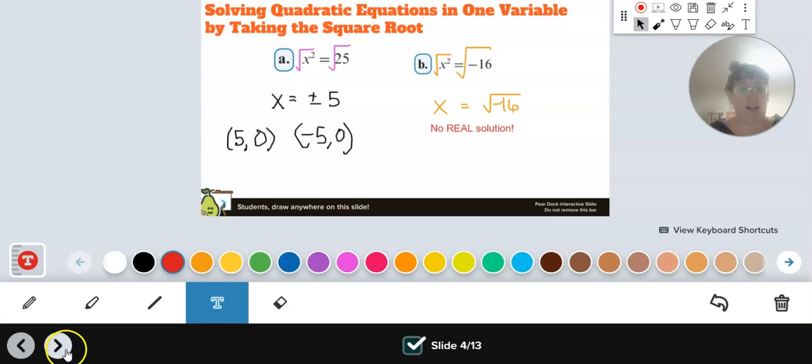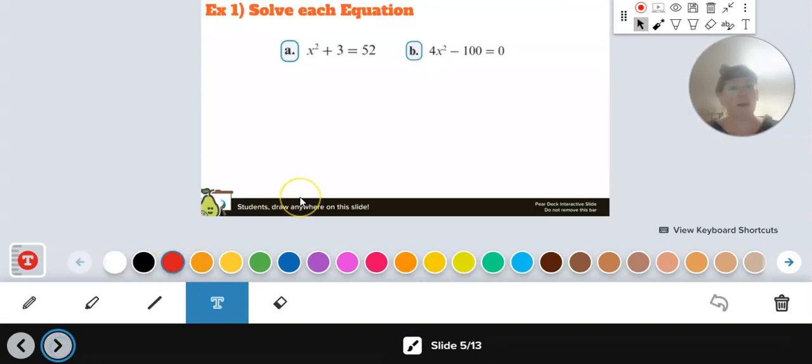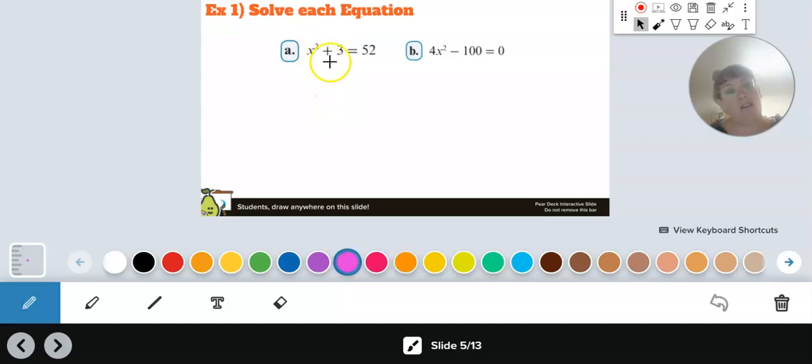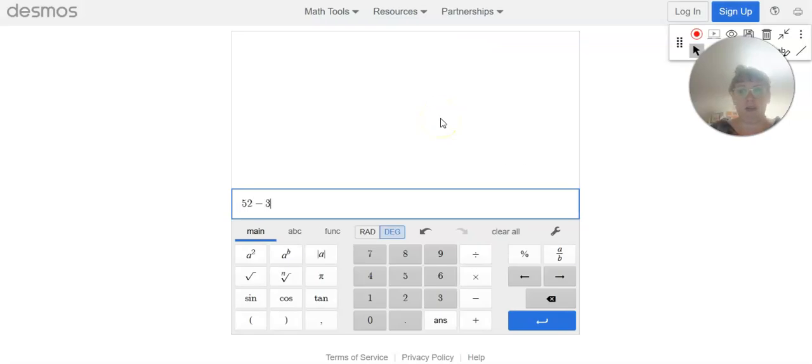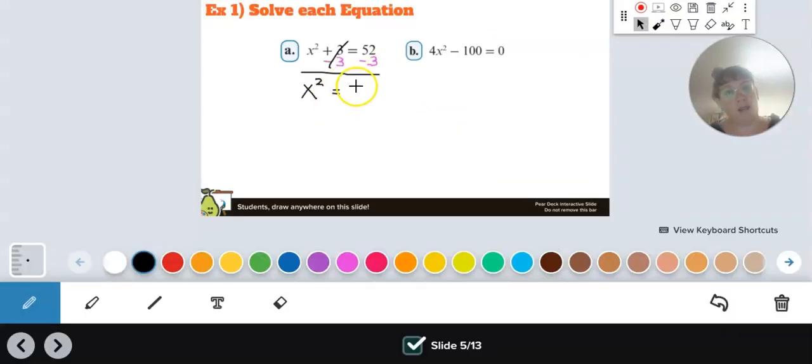Let's move to slide 5. Try a couple more. For the first one on the left, we will subtract 3 on both sides first. Then we get x squared, 3 minus 3 is 0, equals 52 minus 3, which is 49.